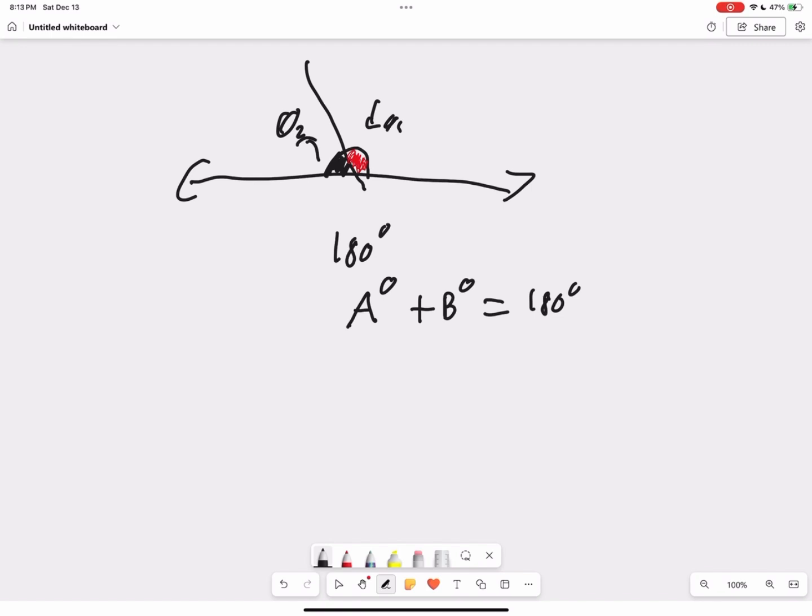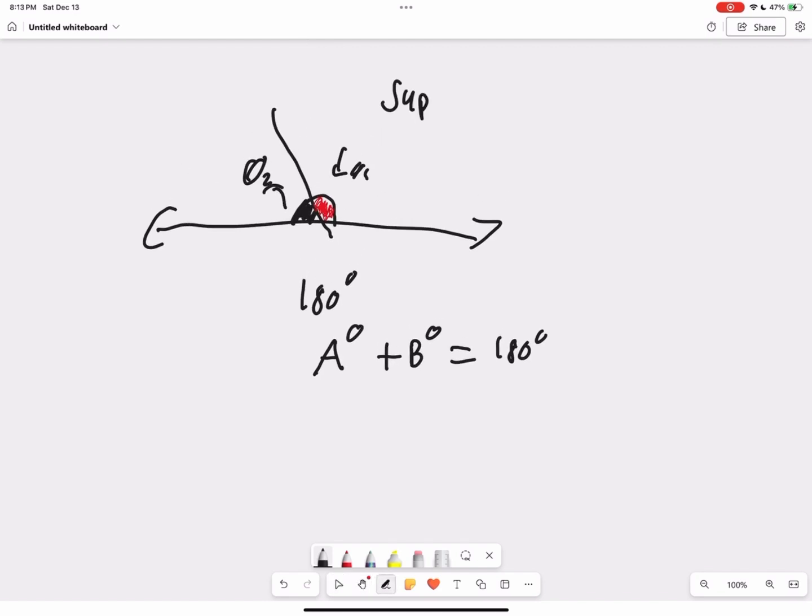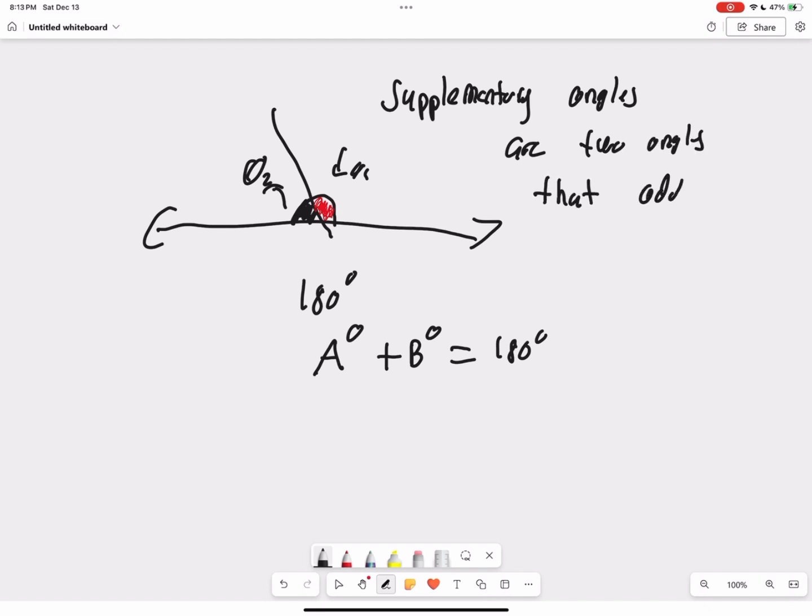So what are supplementary angles? Supplementary angles, I got them mixed up. Supplementary angles are two angles that add to give 180 degrees.